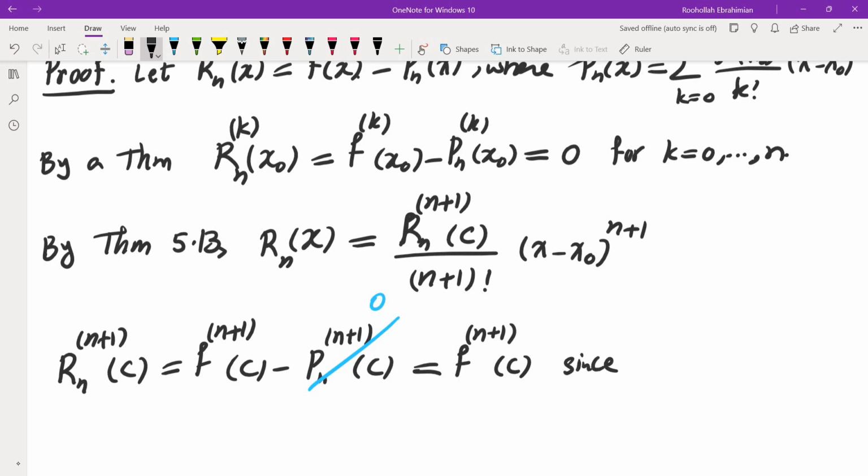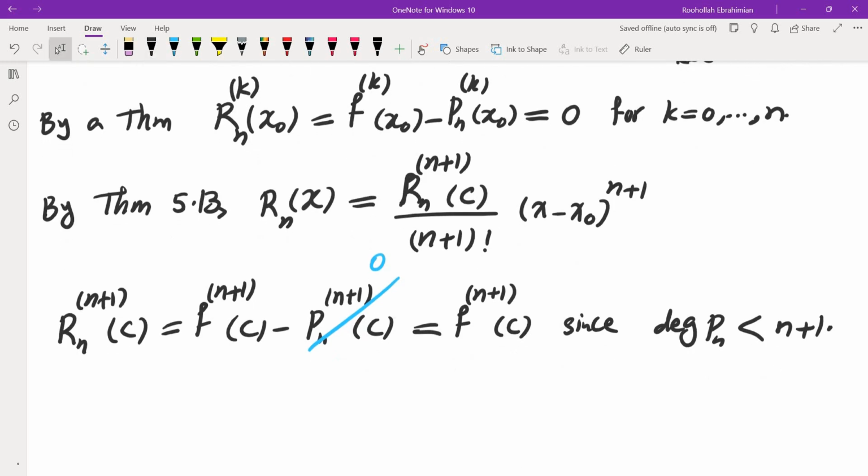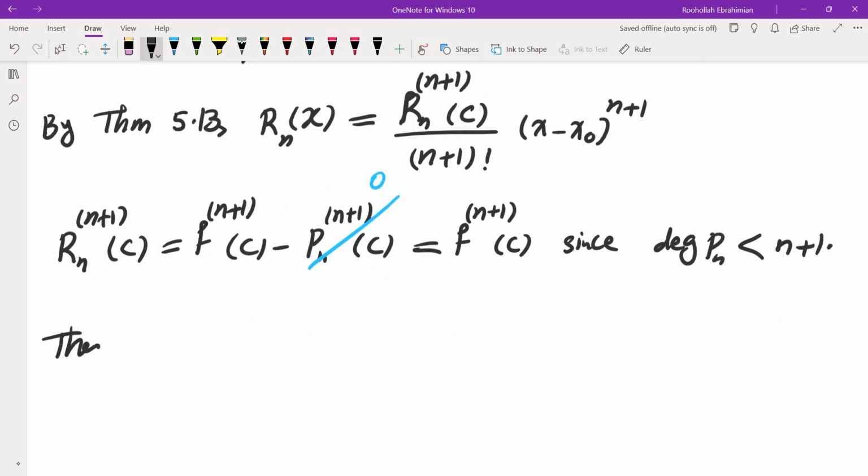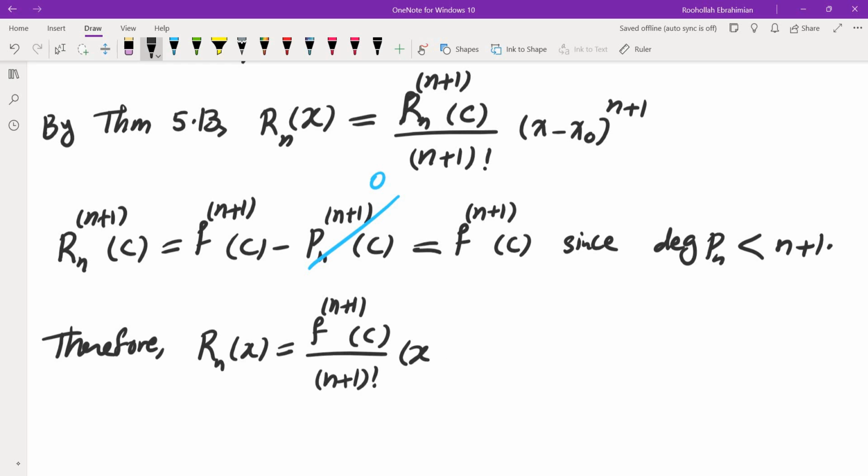Since the degree of Pn is less than n plus 1, since it's a polynomial of degree less than n plus 1, the n plus first derivative is going to be 0. And therefore, Rn of x is f^(n+1) of c, the n plus first derivative of f at c, divided by (n plus 1) factorial times x minus x naught to the power of n plus 1.